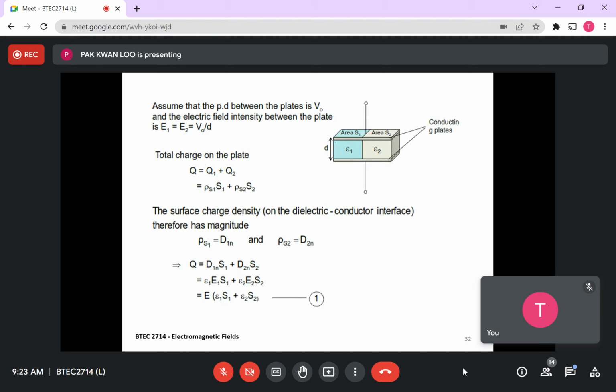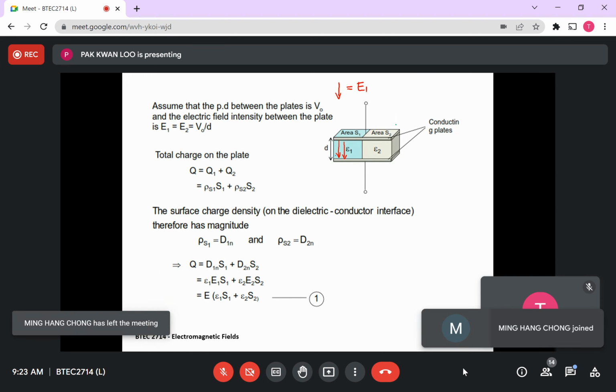The electric field in the dielectric of permittivity epsilon 1 will be E1, and in area S2 will be E2.